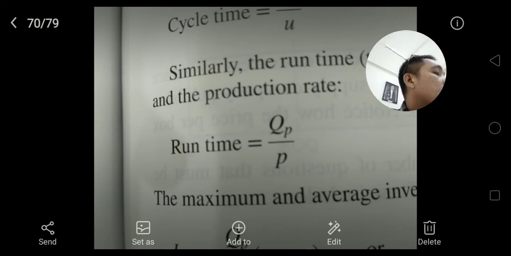Run time is the formula of QP over P. So, what is the run time? The run time is the production phase of the cycle, which is a function of both the run lot size and the production rate. If you look at the formula, it's yung optimal quantity of production in units, or optimal run quantity divided by your production or delivery rate will lead you to run time.